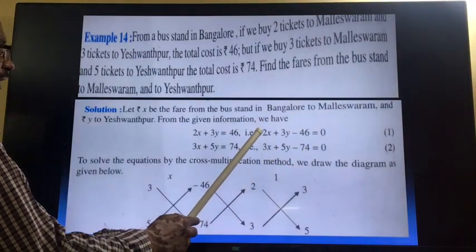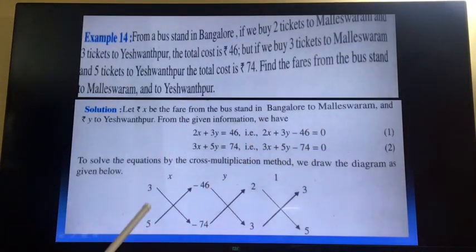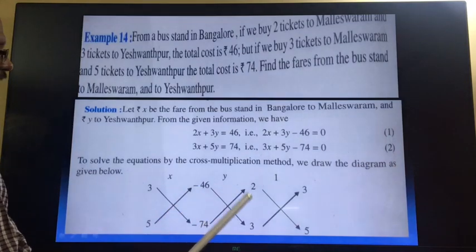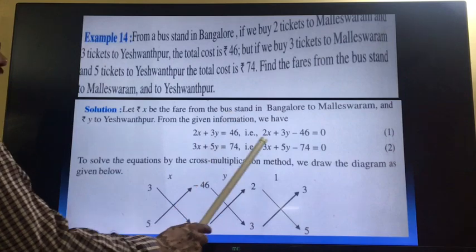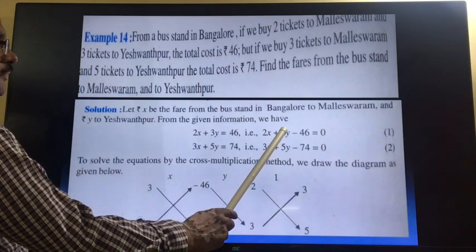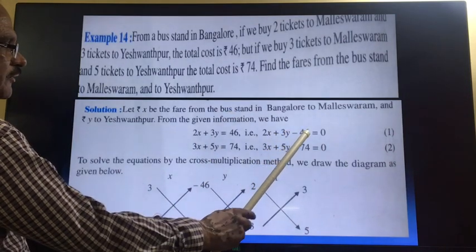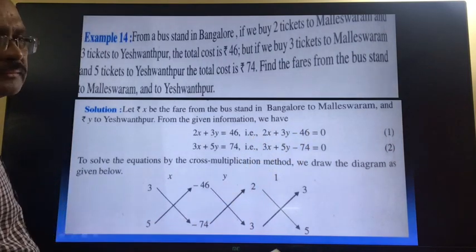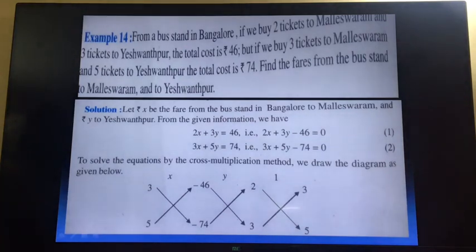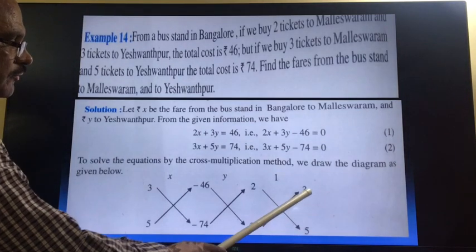Again we come to a1 a2, and again b1 b2. First of all you start from y: b1 b2 c1 c2, then a1 a2, then again b1 b2. So we start from the coefficient of y, and again we reach the coefficient of y.